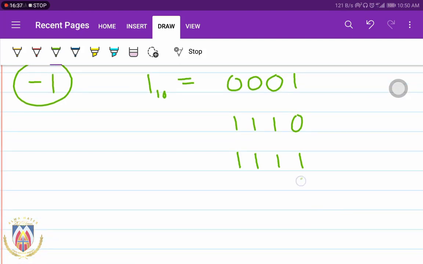To confirm if this is indeed the 2's complement of -1, you can do this. This is the 0 significant bit, 1 significant bit, 2 significant bit, 3 significant bit. The most significant bit in the 2's complement is negative.